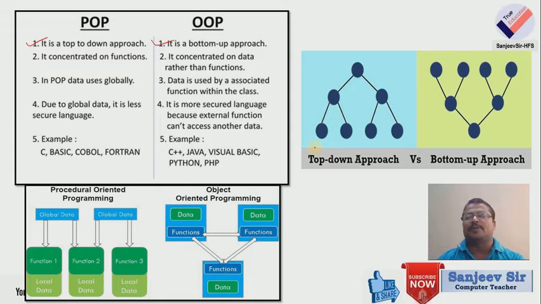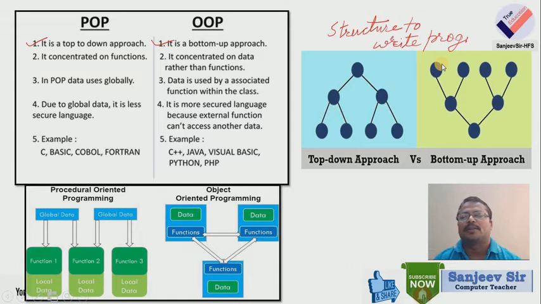This is the structure to write a program. That means in which way we are writing the program, this is most important, in the object-oriented programming approach or in POP, the procedure-oriented programming approach.